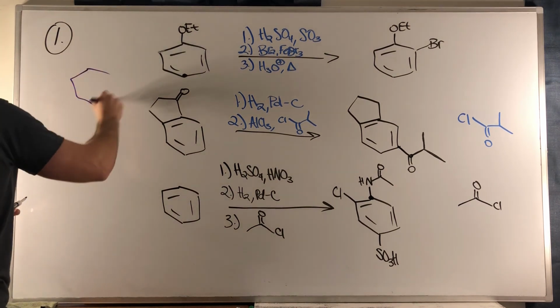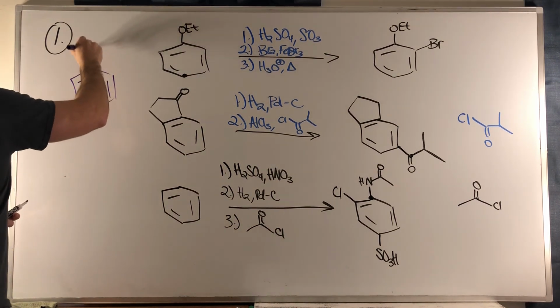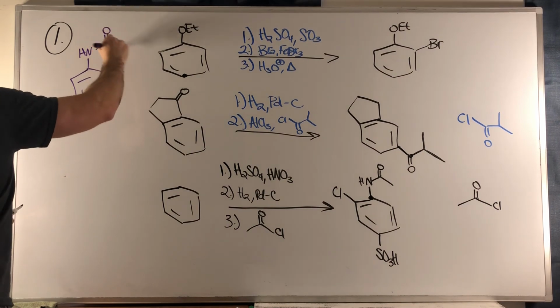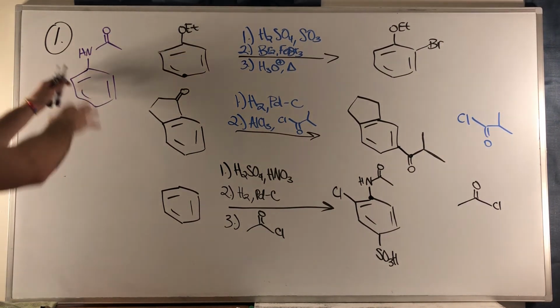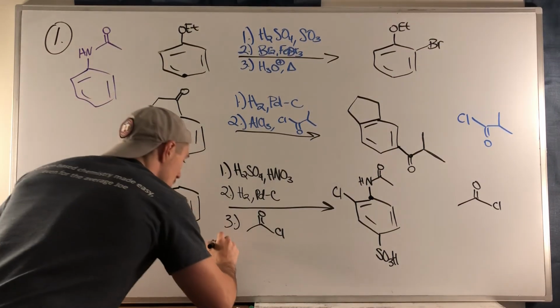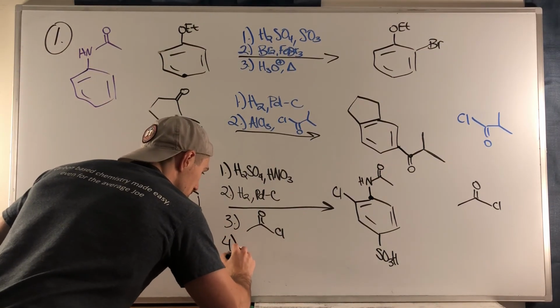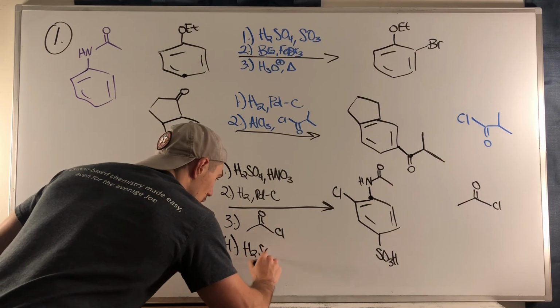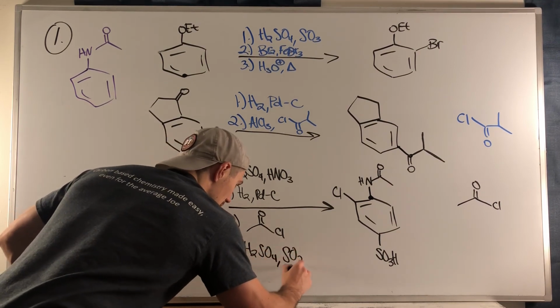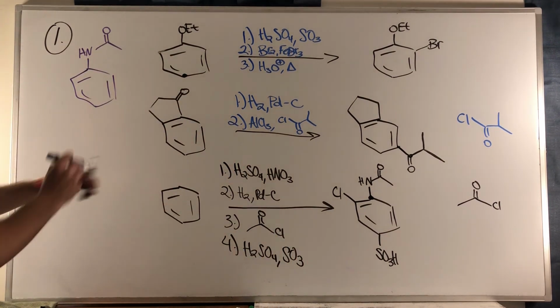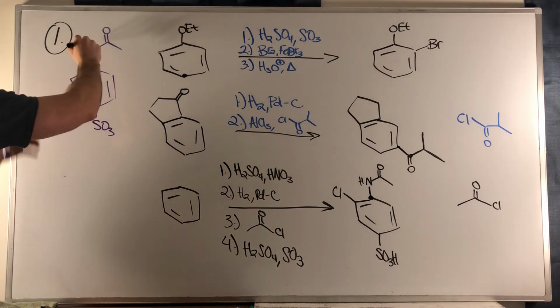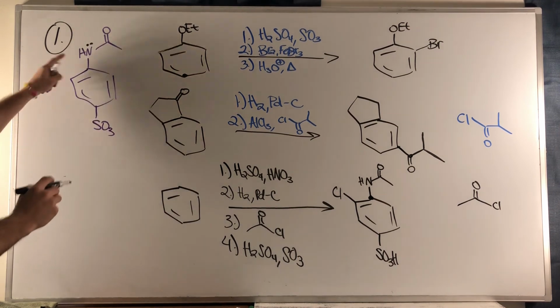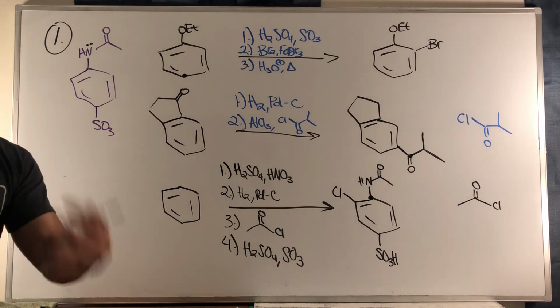It's at that point that your NH2 then becomes an amide like this, okay? Now that it's protected, less basic, then we can bring in our H2SO4, sulfur trioxide, and that will place this over here because don't forget, this is still an ortho-para director because it's an electron donating group.